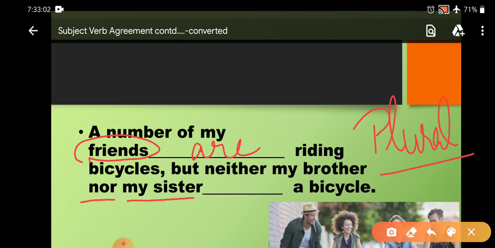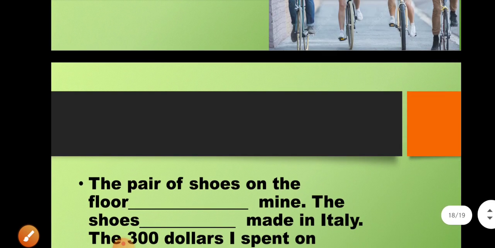My sister is the closest subject which is singular. In this case, both are in fact singular, so no issue. The verb will be singular only. So the sentence becomes, a number of my friends are riding bicycles, but neither my brother nor my sister has a bicycle.